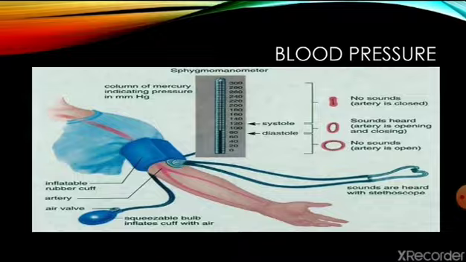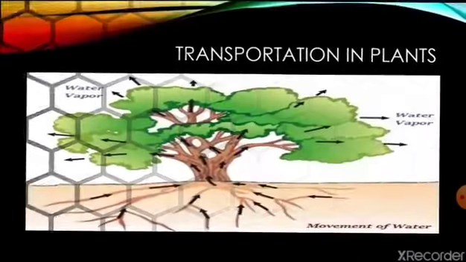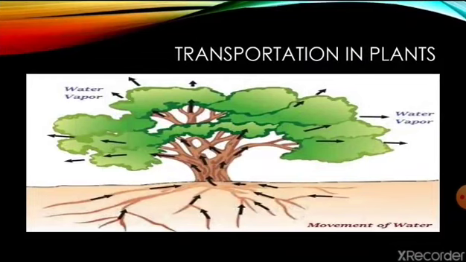Now coming to the next one, the transportation in plants. We all know that the transportation in plants takes place in an easy manner. That is, two processes are involved in the transportation in plants. One is the transportation of water and mineral salts, and another one is transportation of food.